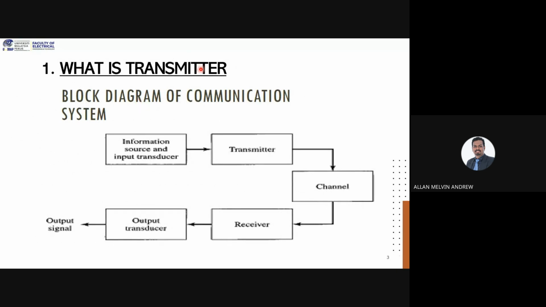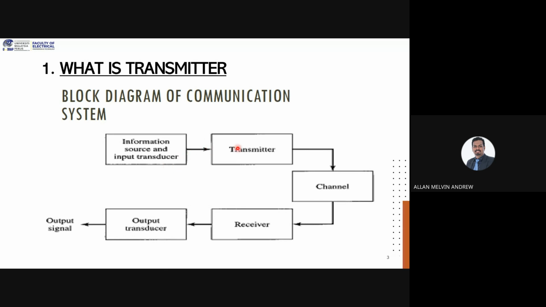What is a transmitter? This is the basic block diagram of a communication system. Usually the communication system will have an information source, which you provide using the input transducers. Information source, like let's say your speech, so that is your information, you are saying something, and it will be captured by the input transducers, like a microphone. It will capture whatever you are saying.